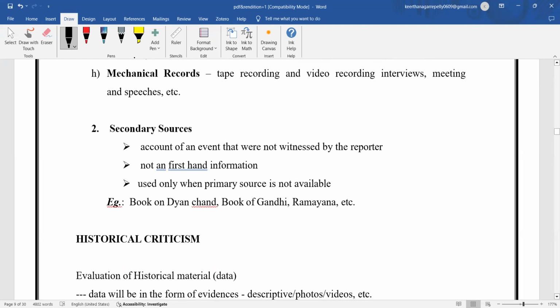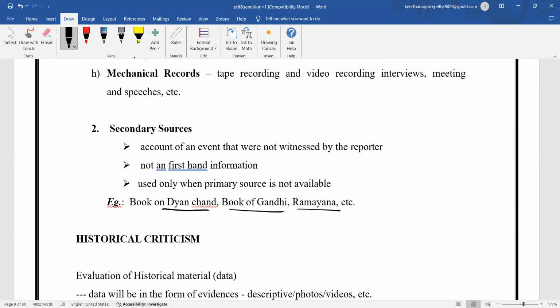Now, secondary sources, as I told you. Here it is given: a book on Dhyan Chand, a book on Gandhi, or Ramayana. If a book on Dhyan Chand is written by Dhyan Chand himself, then we call it a primary source. If many other people write about Dhyan Chand, that becomes the secondary source.